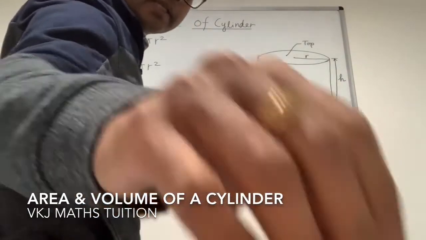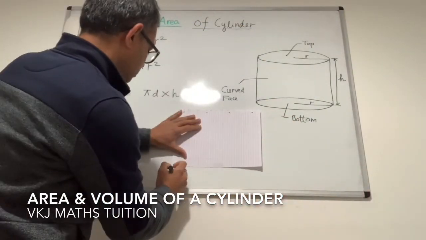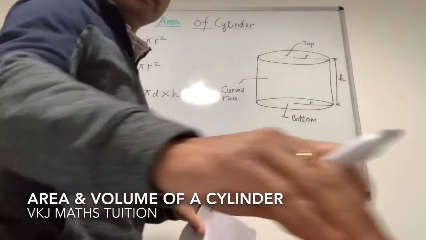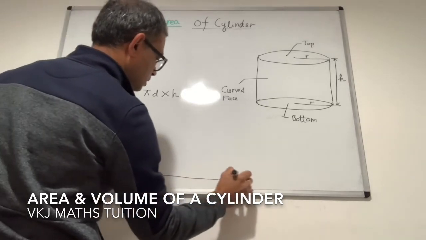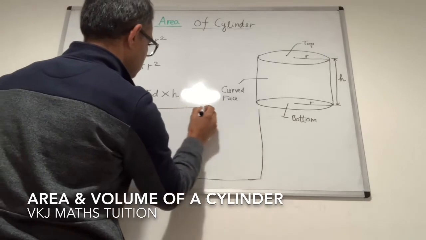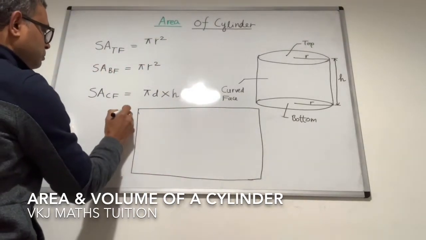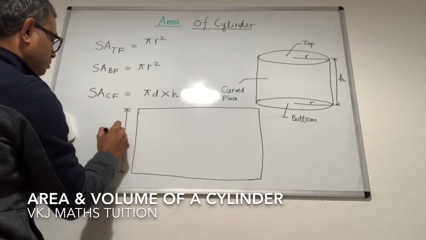Let me draw it: it became a rectangle like this. The height of the rectangle is the same as the height given for the cylinder.